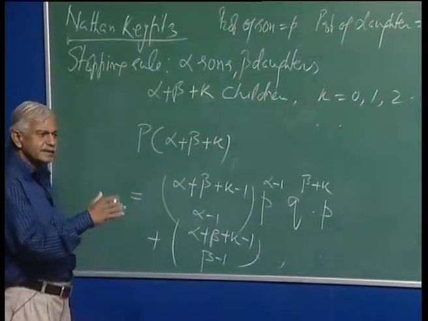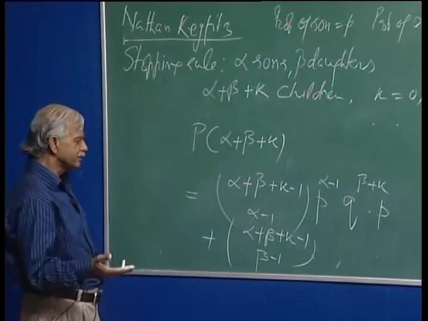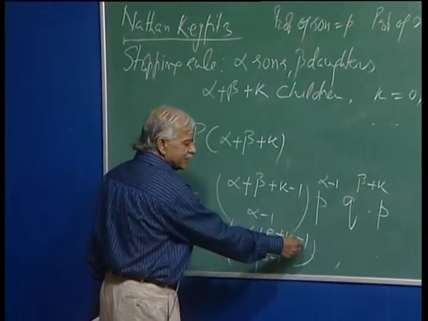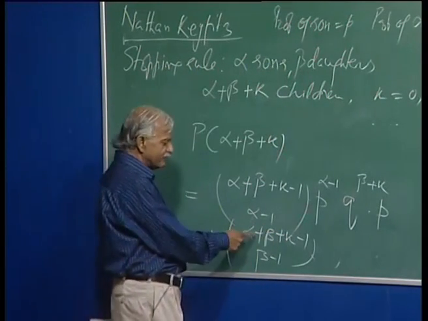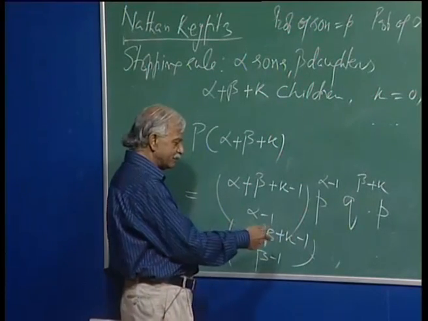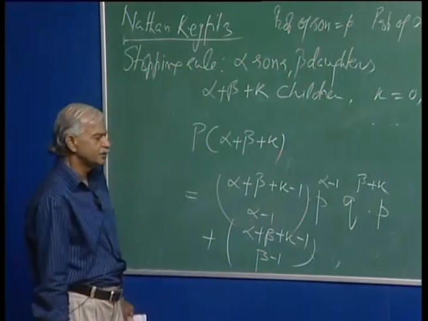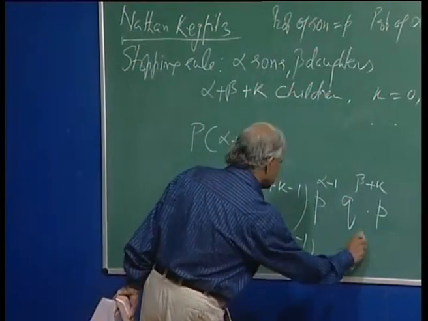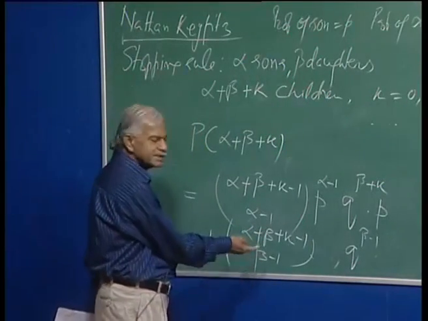Suppose there is another category of couples who are waiting for a daughter. That means, out of the first alpha plus beta plus k minus 1, if they are stopping at alpha plus beta plus k, then it means that in the last alpha plus beta plus k minus 1 children, they had only beta minus 1 daughters and they were waiting for one daughter. The probability of daughter being q, so q raised to beta minus 1, and the difference between the two consists of sons.